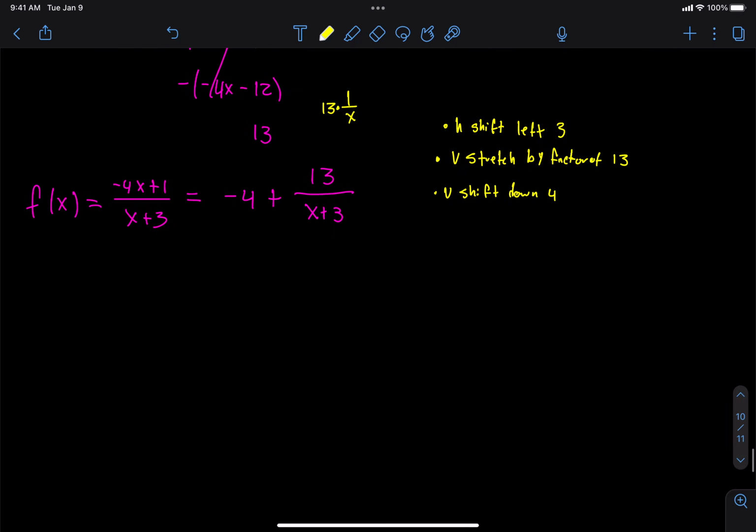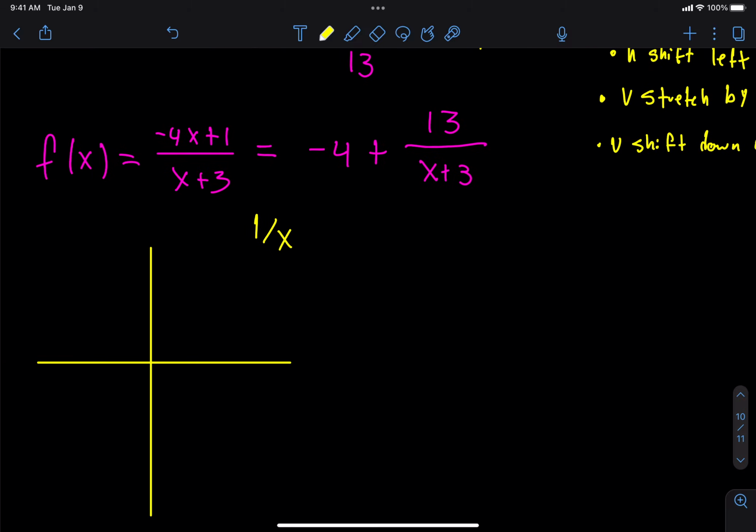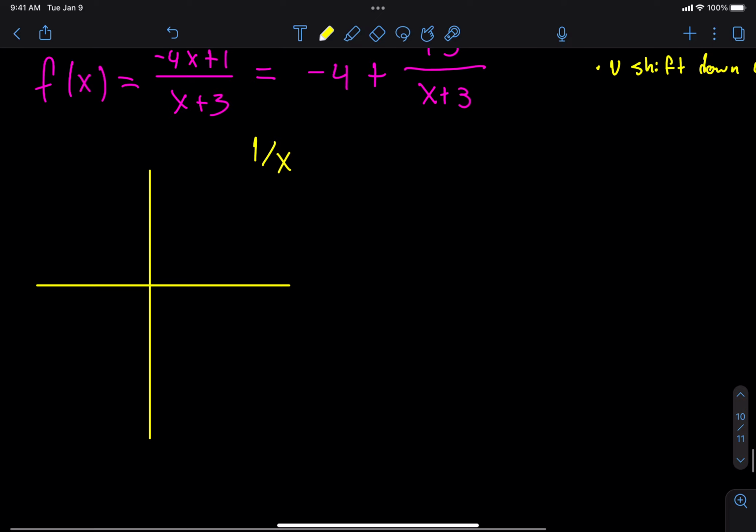Okay, so let's do it. Let's take a look at the graph of... We're going to do a lot of graphs here. Let's first draw, what does the graph of 1 over x look like? What does the graph of 1 over x look like?